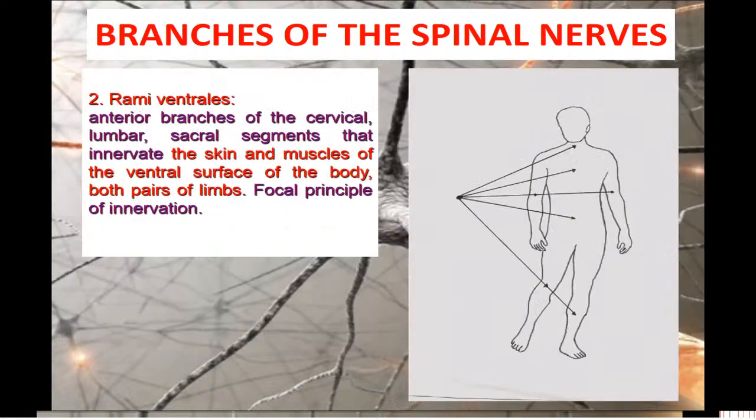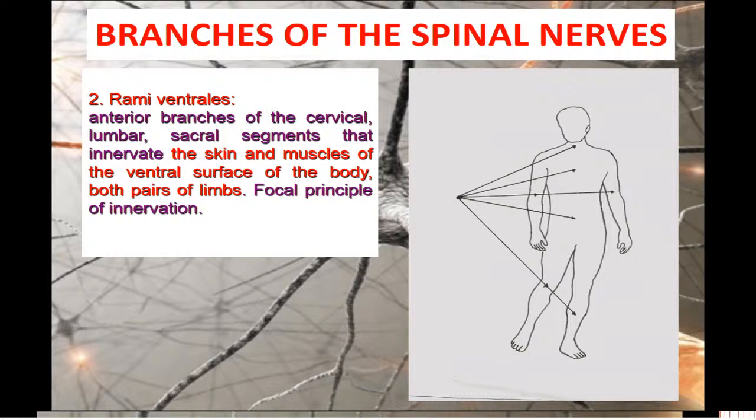Ventral branches of spinal nerves are much thicker than the dorsal ones. It is because the region of supply for ventral branches is bigger than for the dorsal.